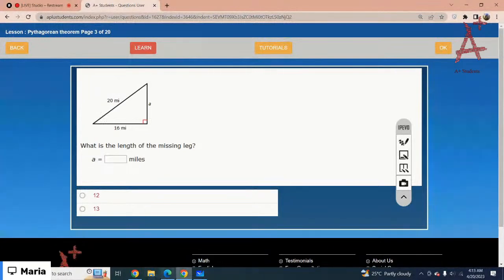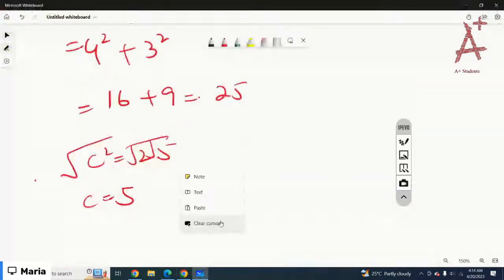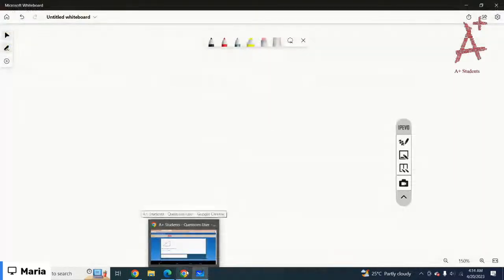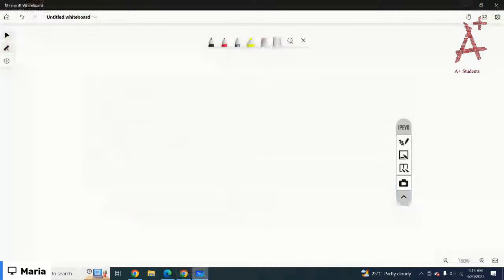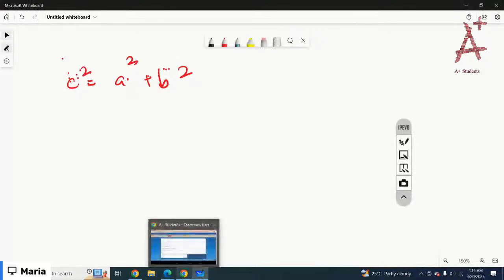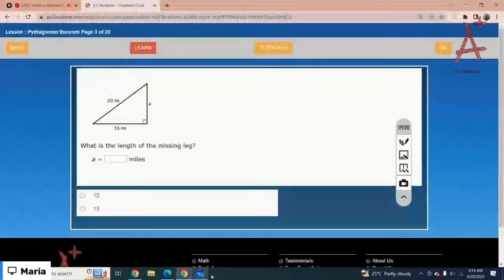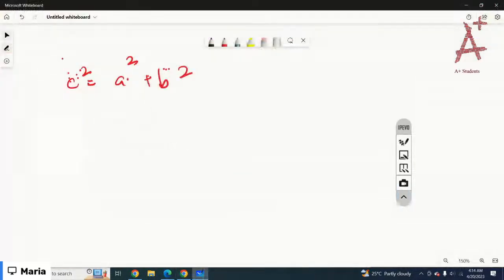You are given c in this one, so c is 20 and a is 16. 20 square equals 16 square plus b square. 20 square is 400 and 16 square is 256 plus b square.